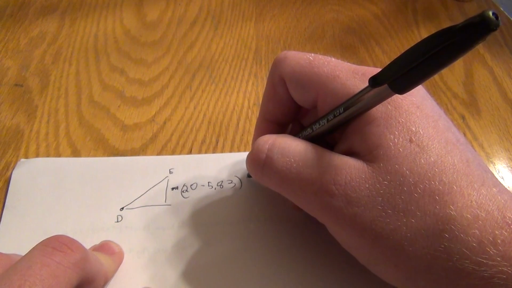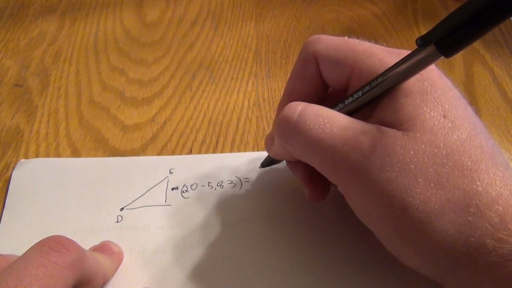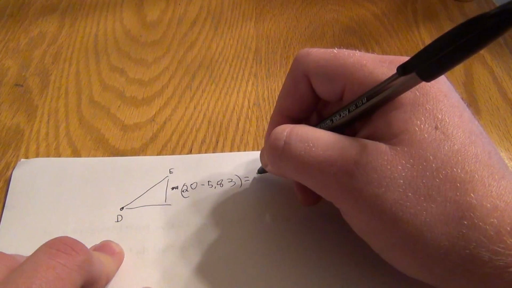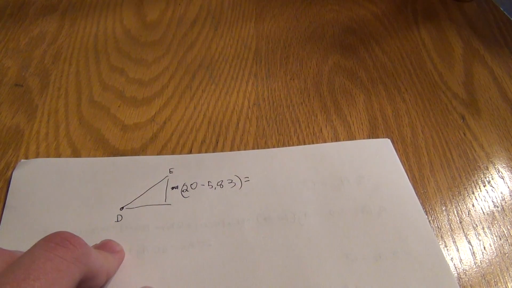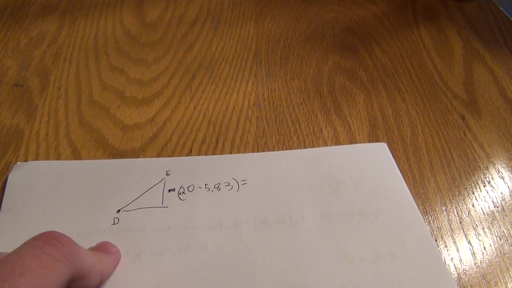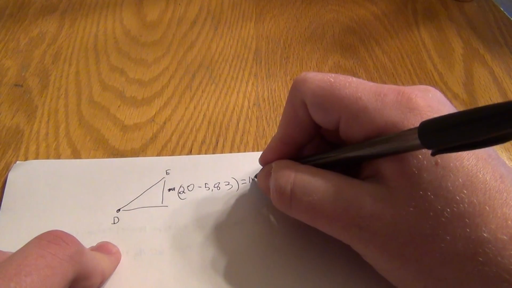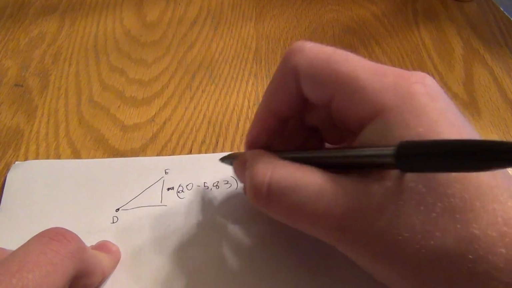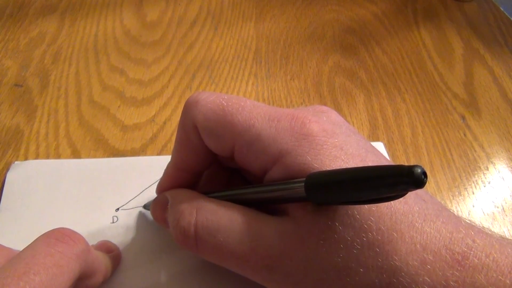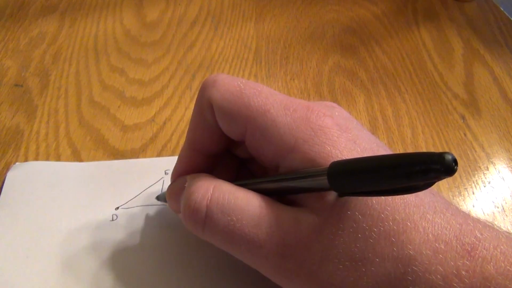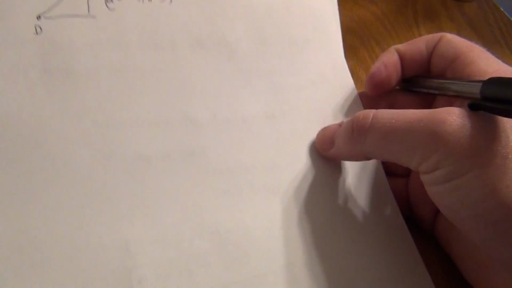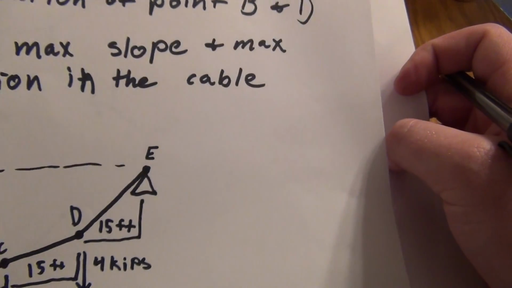We're going to get our vertical component of this triangle to be 14.17. So that is this component. And then this component is actually given to us. So the difference between D and E in a horizontal sense is 15 feet.